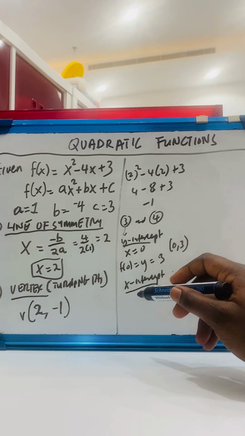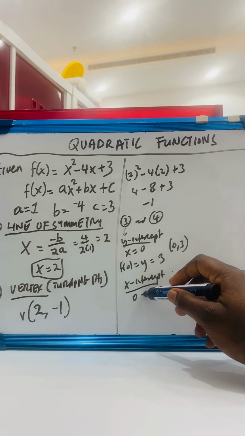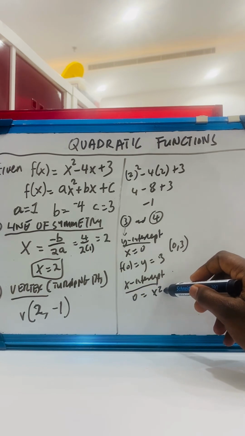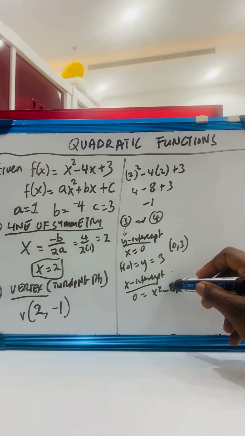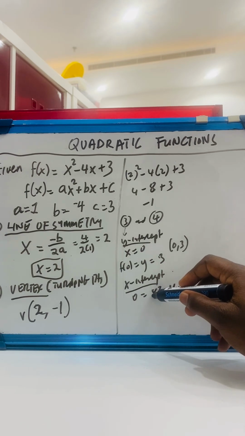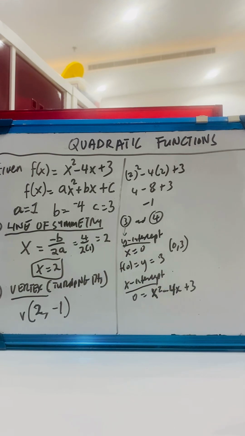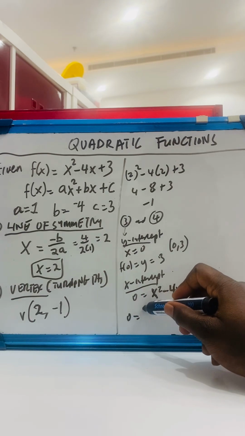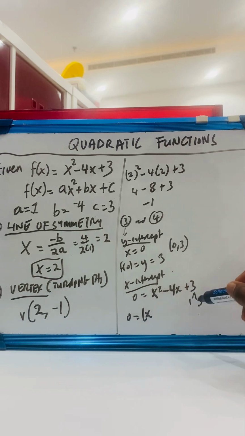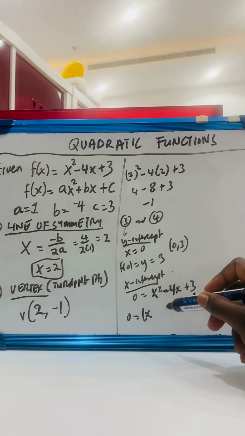Where y is 0, so that means I have 0 equals x squared minus 4x plus 3. I can easily solve this quadratic by factoring, looking at factors of 3, 1 times 3, and then using the sum and product. I can rewrite this as x minus 1, because minus 1 minus 3 makes a sum of minus 4.